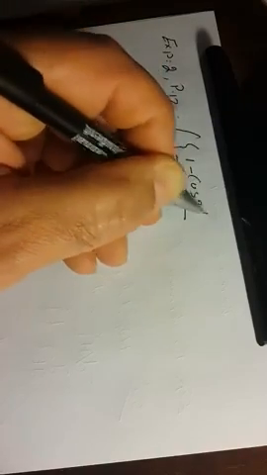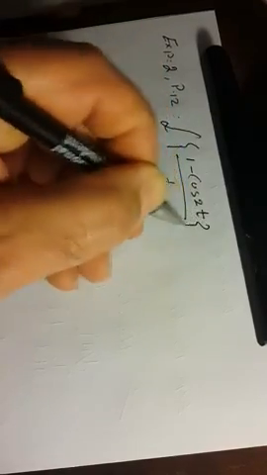The example is example number 2 on page number 12. It asks us to find the Laplace transform of the function 1 minus cosine 2t over t.